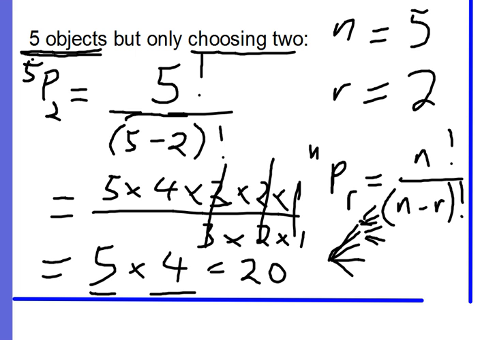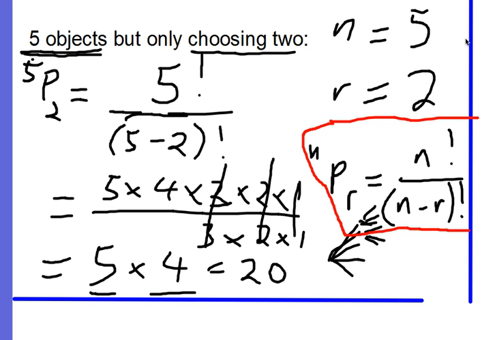Okay. So that's permutations, and there's our formula there. Let's not rub it out. Yep, there's our formula there. nPr is when we have ordered selections.